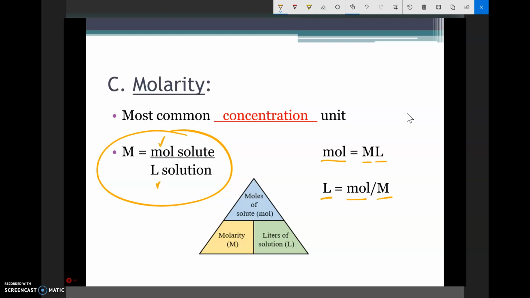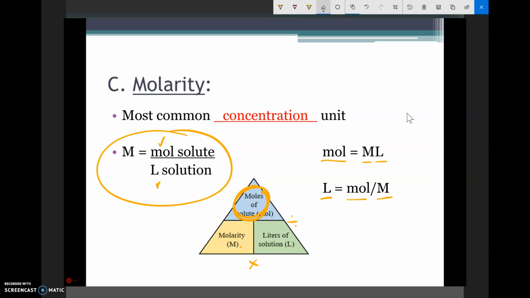This is just a 3-variable equation. You don't have to memorize any of this. You can just plug things in, or you can rearrange the equation. One thing that I like to show is I call this the triangle of molarity down here. And I'm going to do a multiplication and a division sign. So for example, if you were trying to find moles, you could cover this up and you would know that moles would be molarity times liters.